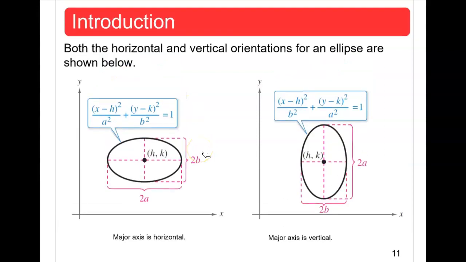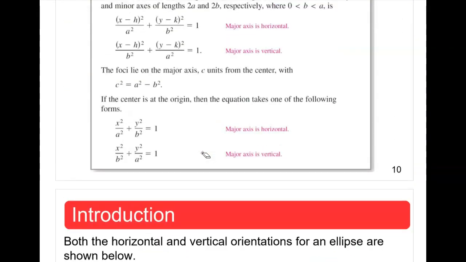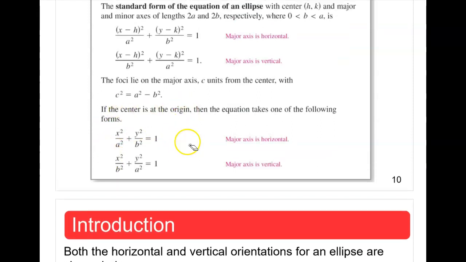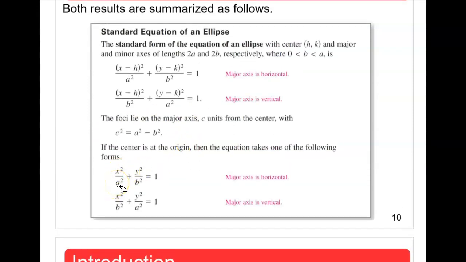We will always use the letter A to denote the biggest or the major axis. If the major axis is horizontal, we will have that a square below the x square. If the major axis is vertical, the a square will be with the y square.